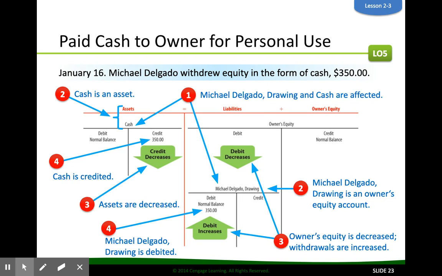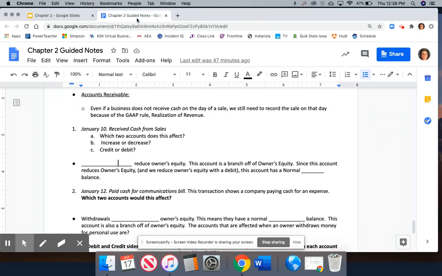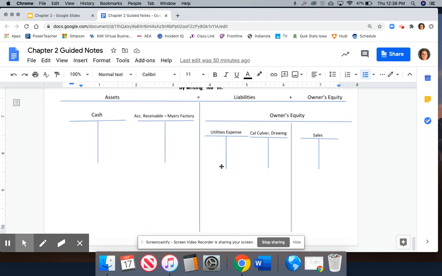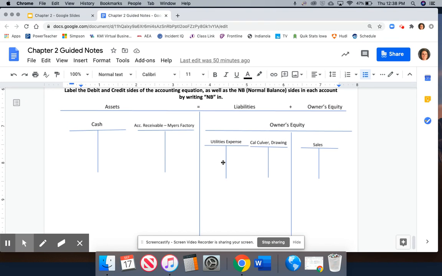transaction looks like. At the bottom of your note guide, you could go through, and first thing I would do is label the left side as debit and the right side as credit. It doesn't matter what the account is. Left side's always a debit, right side's always a credit. Go through on all of those.